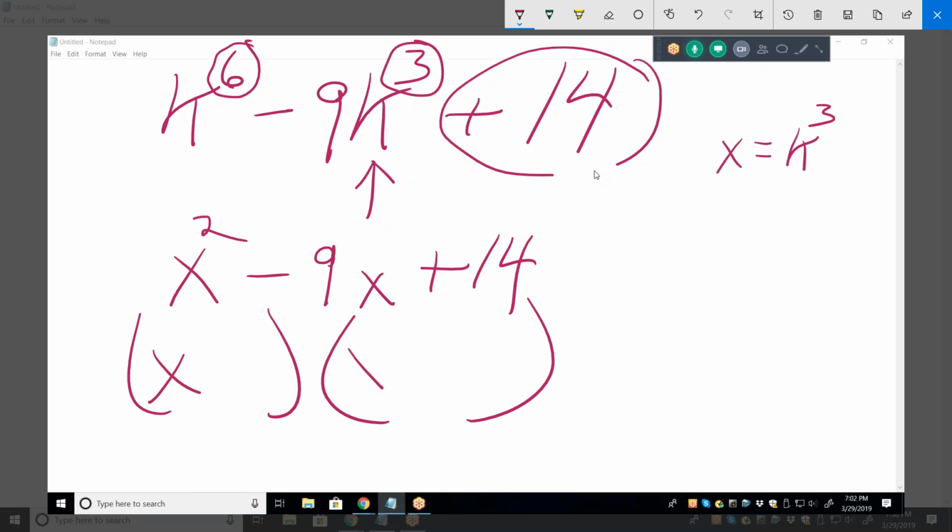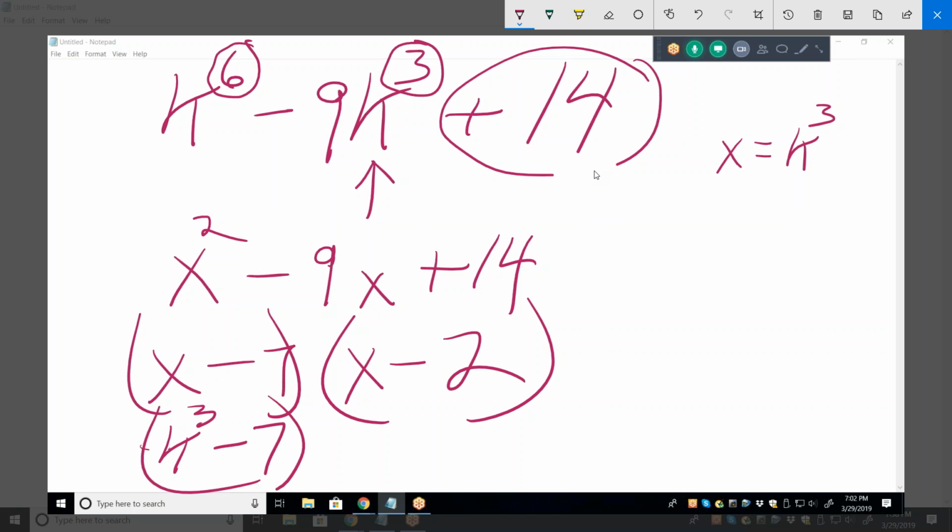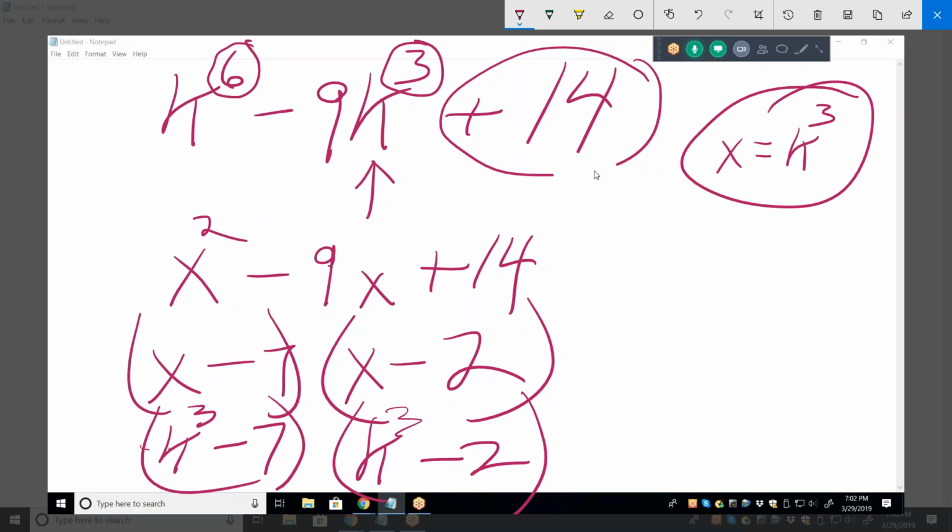It's x minus 7 times x minus 2. Well, x was actually k cubed, so it's k cubed minus 7 times k cubed minus 2. That's a slightly different way to do it, but it's going to be powerful when you come across something that's not really quadratic.